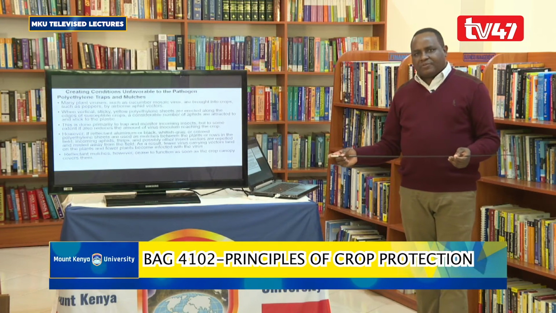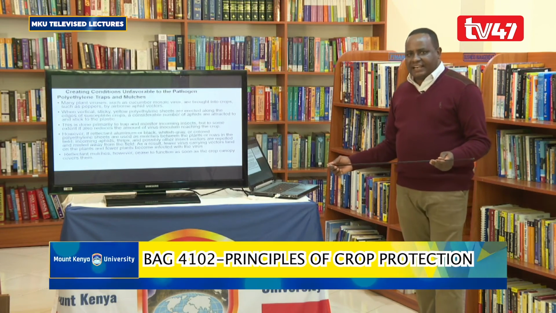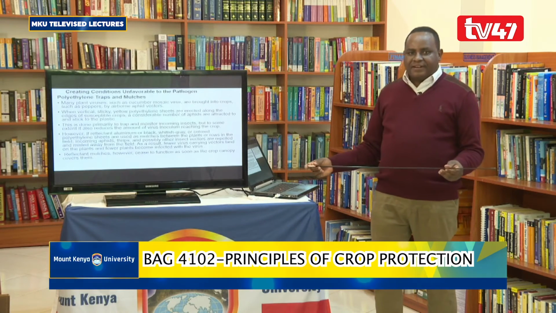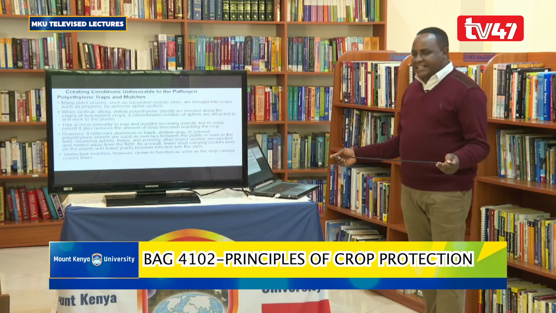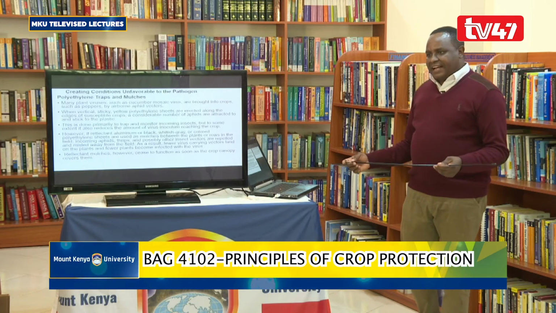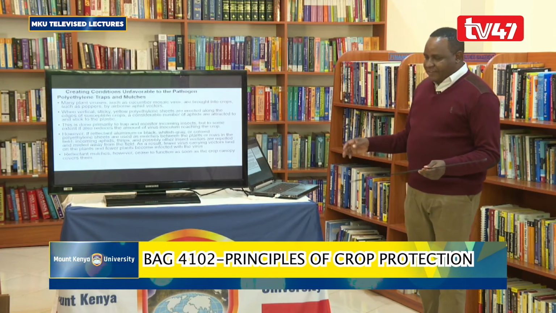This will allow penetration of light, and the soil temperature is elevated, and this controls weeds and other pathogens. Again, depending on the color of the plastic mulch you use, some of them will be able to reflect and repel some of the insect pests.